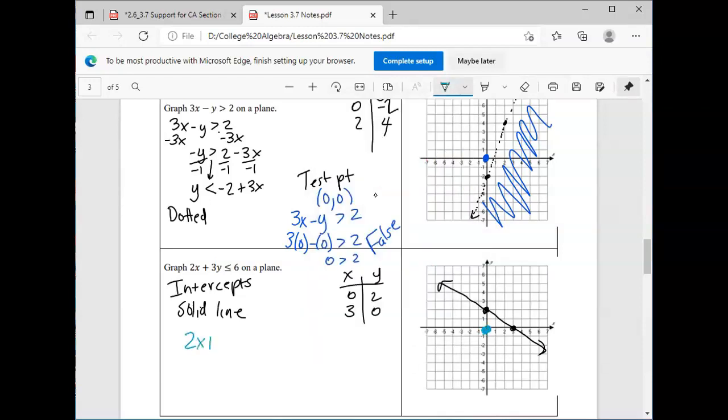So we could do 2x plus 3y is less than or equal to 6. So 2 times 0 plus 3 times 0 is less than or equal to 6. Well, 0 is less than or equal to 6. Yes. So that means that wherever 0, 0 is, that's the part of the line I want to color in. Are you guys still doing okay?